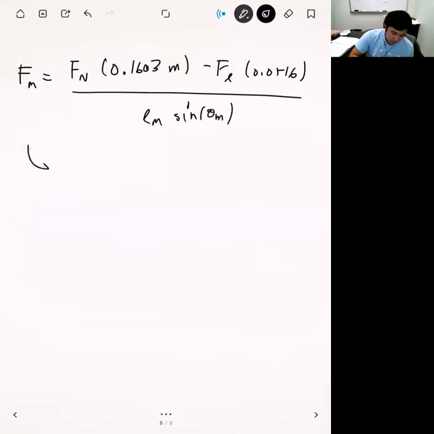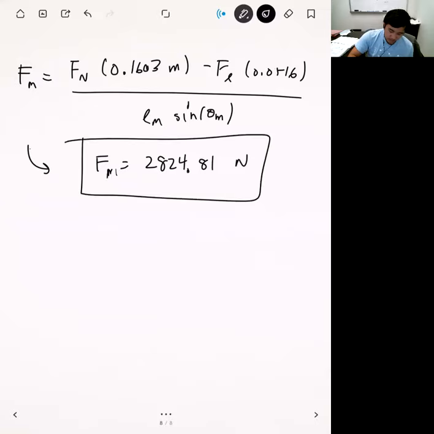And so we plug those numbers in, and what we get is Fm is equal to 2,824.81 newtons. And so that's the muscle force that's acting in this situation.